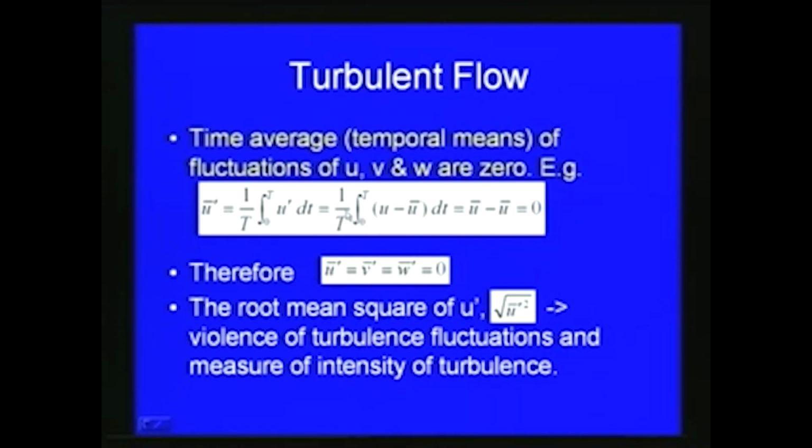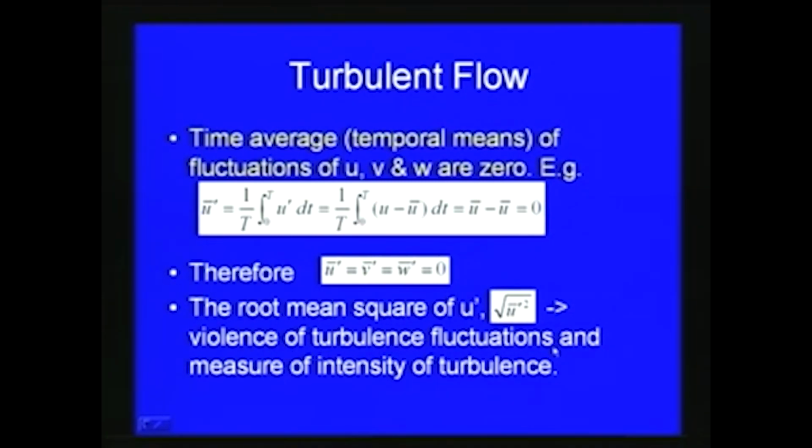That can be expressed as 1 by t integral 0 to t (u minus u bar) dt, that is equal to u bar minus u bar. So, this is equal to 0. This way we can say that the time average of fluctuations of the velocity components in turbulent flow is 0. Therefore, u dash mean value is equal to v dash mean value is equal to w dash mean value is equal to 0.